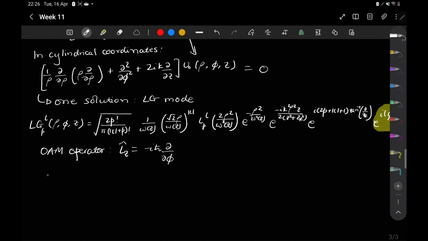So in this case, let us find out the action of the OAM operator on the LG mode.